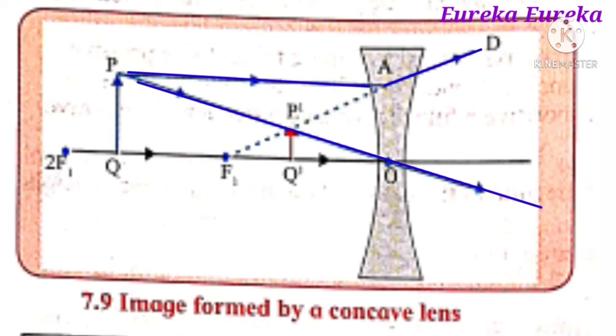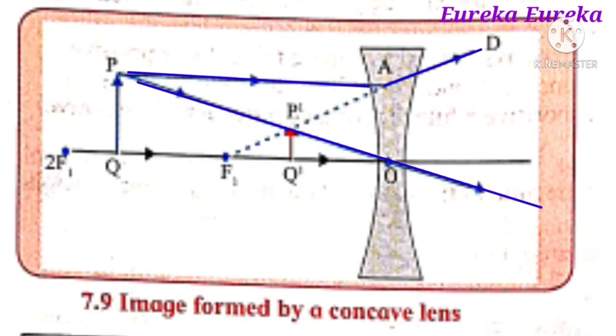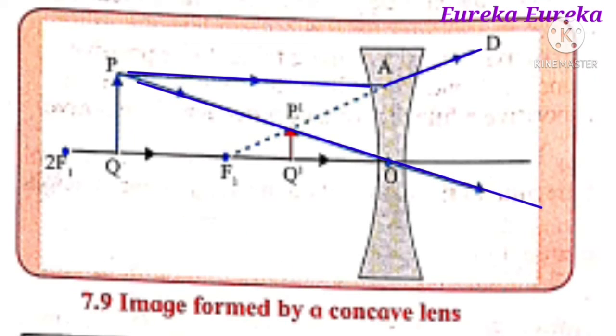And another ray, that is ray PO, which passes through the optical center, goes in a straight line, that is, it remains undeviated. And here P dash Q dash is the image of the object formed, and this image P dash Q dash is a virtual image. It is on the same side of the object, it is smaller in size, and it is between the optical center and the focus F1.